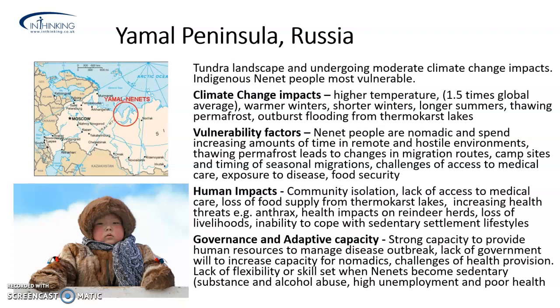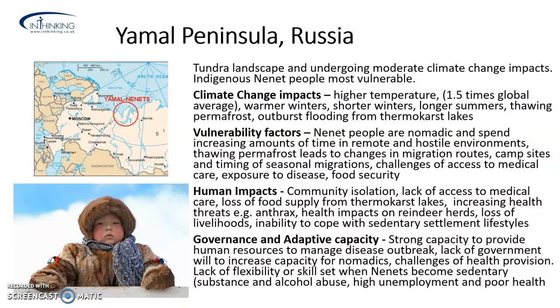It's mainly occurring through warmer winters, shorter winters, these longer summers as well, and much warmer summers, thawing permafrost, and actually the thermokarst lakes, these lakes which are found within the permafrost, because they're thawing, they're breaking up and leading to quite large outburst floods, which means it in fact takes away fresh water sources.